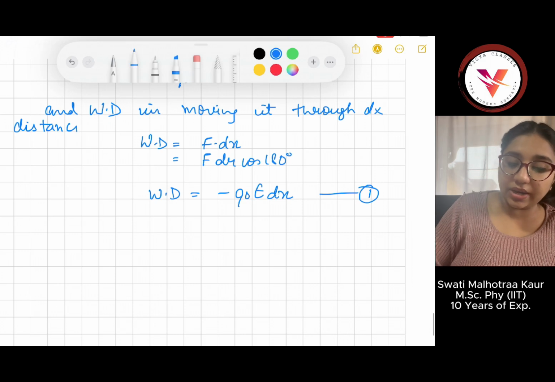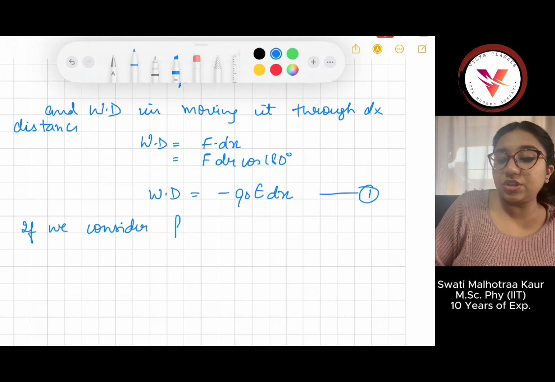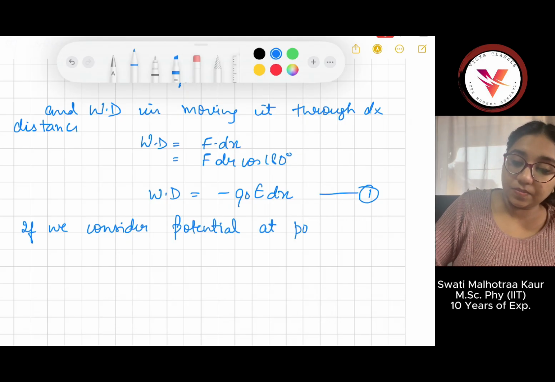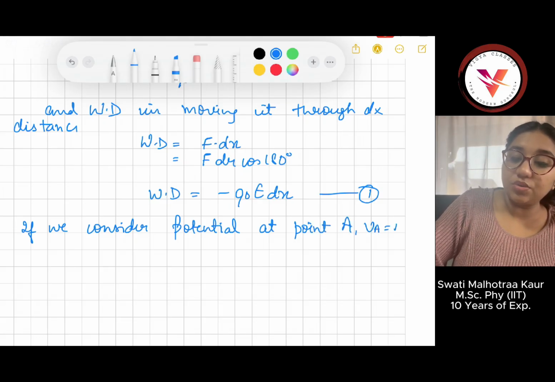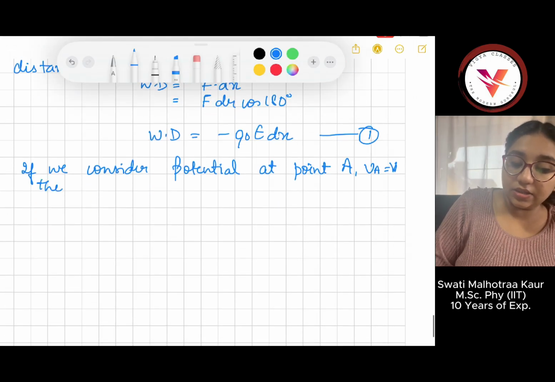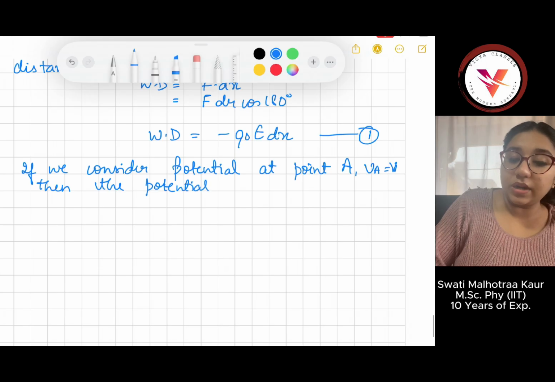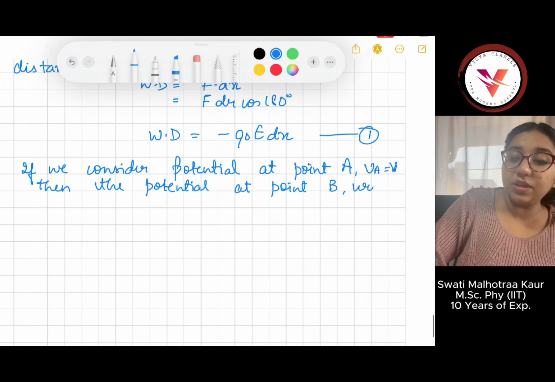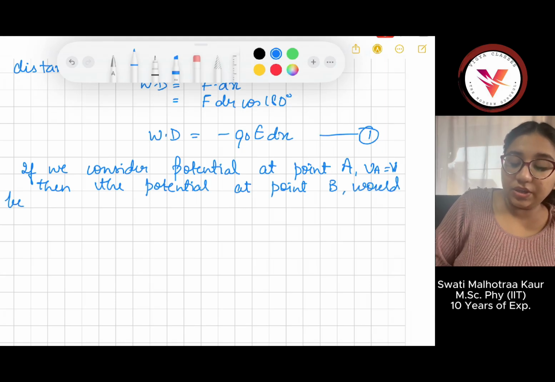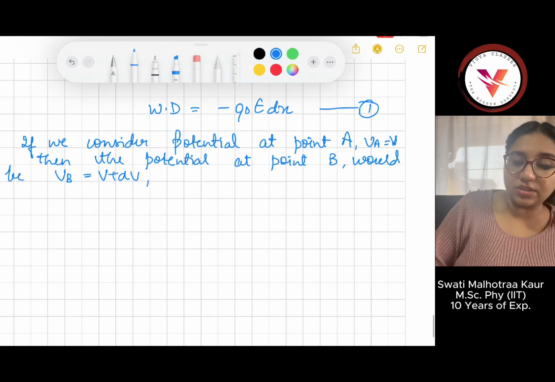So here we can write, if we consider the potential at point A, that is VA, equal to V, then the potential at point B would be V plus dV. Okay, potential increases as work is done against the force.